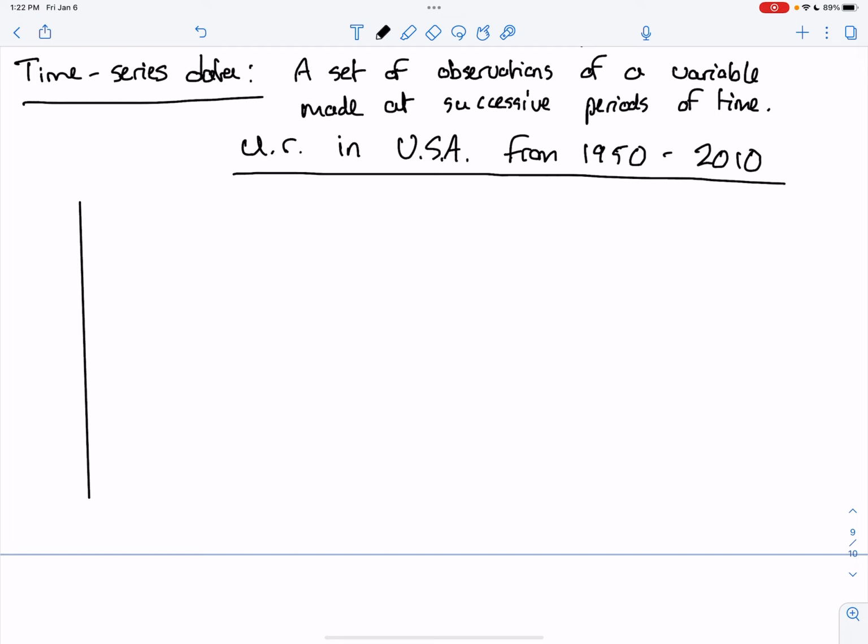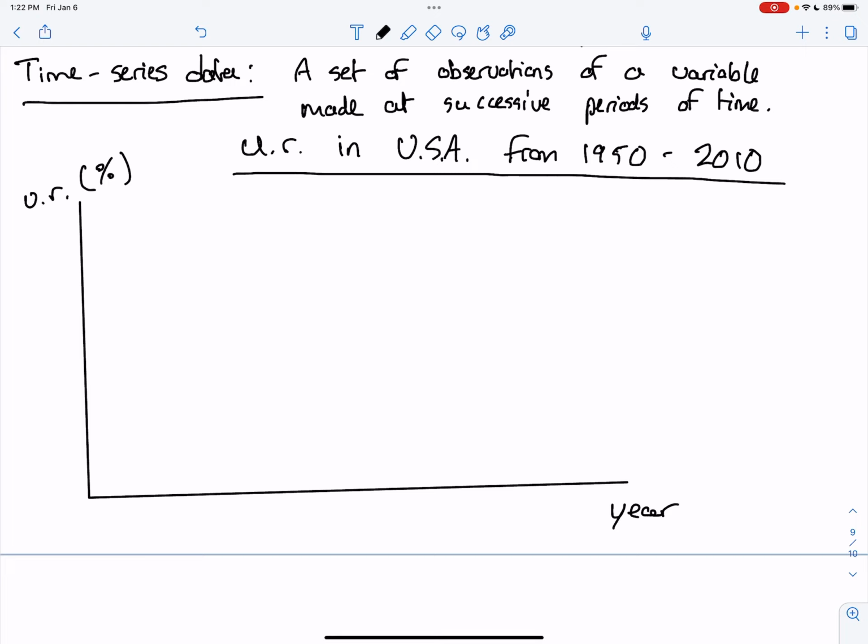So along our y-axis, we will plot the actual unemployment rate, in percentage terms. And then on our x-axis, we'll have the year. So we'll plot every year: 1950, maybe this is 1955, 1960, etc., all the way up to 2010.